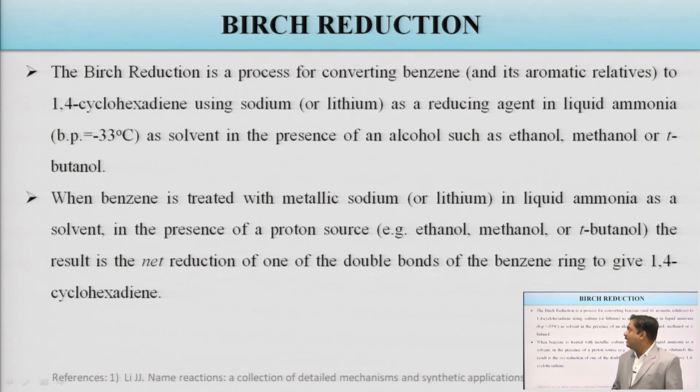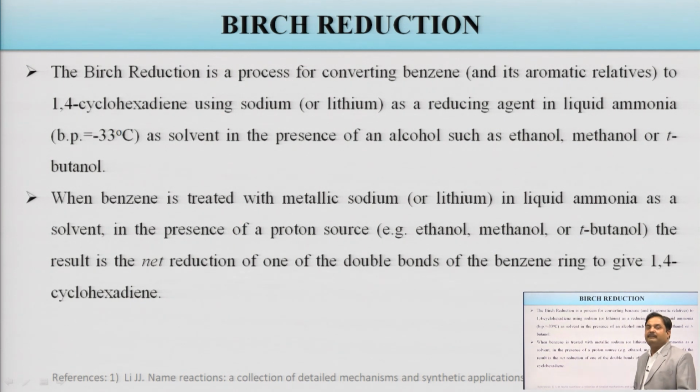As you can read on the slide, Birch reduction is a process for converting benzene and its aromatic relatives or analogues to 1,4-cyclohexadiene using sodium or lithium, or any other alkali metal, for example potassium, as a reducing agent in liquid ammonia.